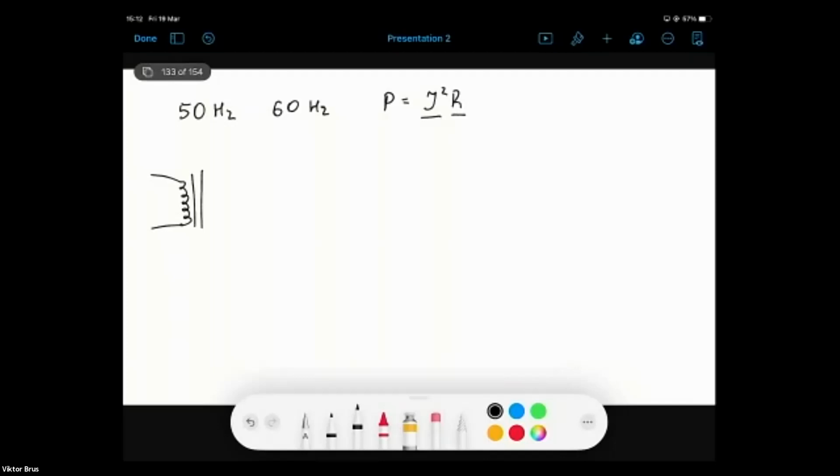In order to reduce the so-called eddy currents, it's laminated. So it's made of plates of iron, which are glued together but isolated electrically from each other. Such a sandwich structure makes it possible to reduce energy losses. And then we have the secondary coil.